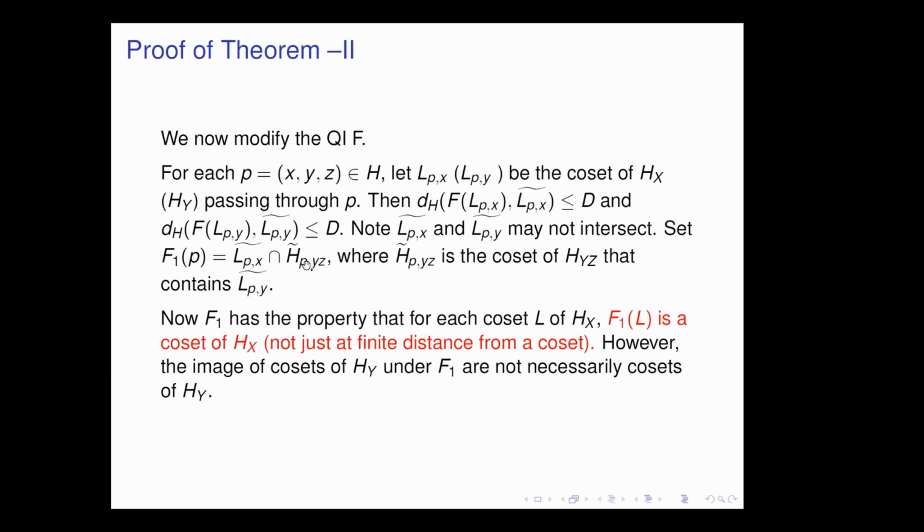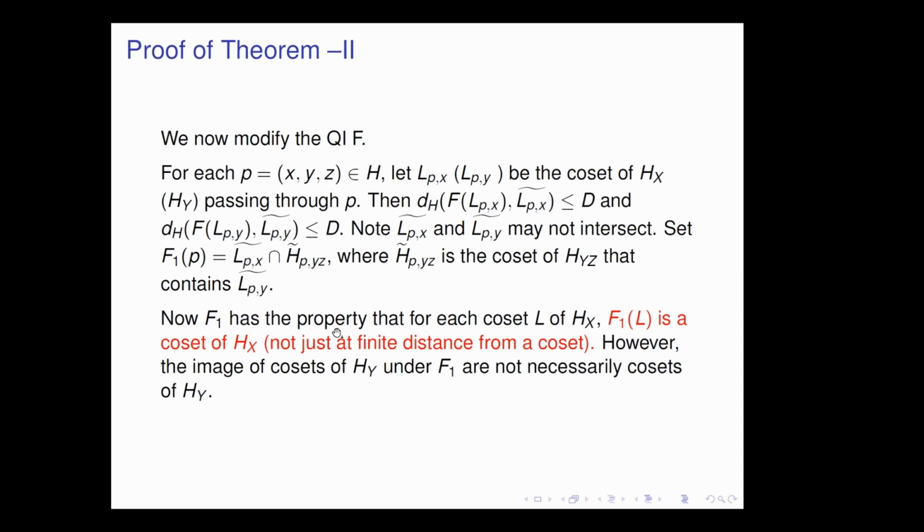So they intersect, and we map P to this intersection point. Okay, so with this modification, F1 is still a quasi-isometry.